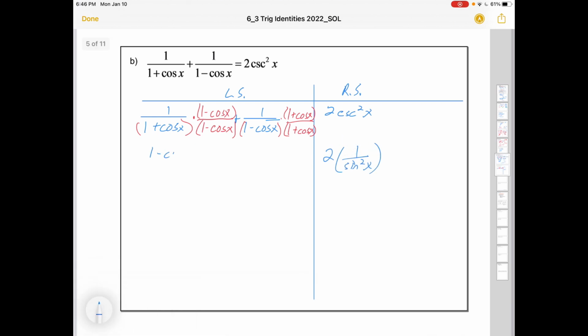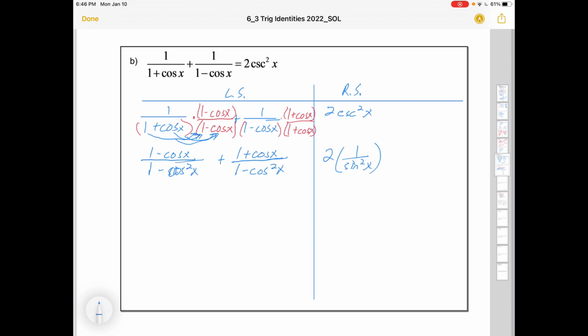I'd have 1 minus cos x. And then because these are conjugates, I'd end up with 1 minus cos x plus cos x, so those are gone, minus cos squared. So 1 minus cos squared x. This one here, 1 plus cos x, and then the bottom is still 1 minus cos squared x.